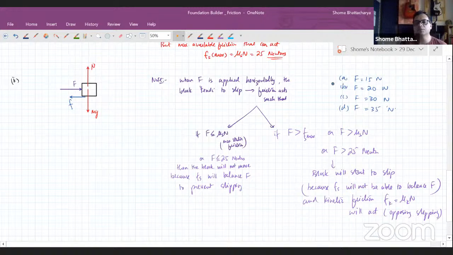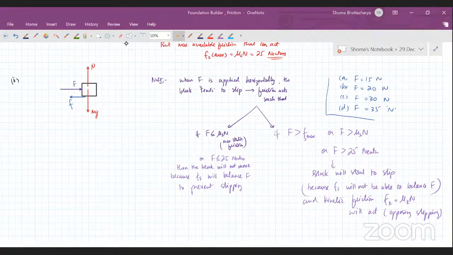Each of these subparts works out according to this information. You'll find it easy to figure out which of the two situations is happening. Please try this out and send me the answers. Give me the friction in newtons and the acceleration in meters per second squared for each of the parts A, B, C, and D.